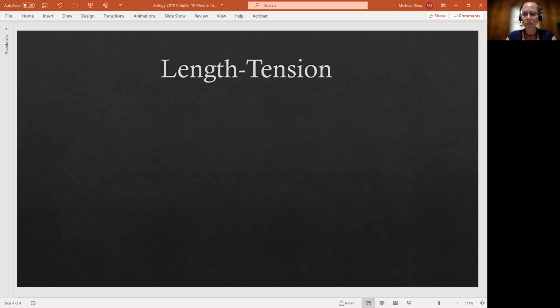The last thing to talk about in this particular presentation is the length tension relationship. Okay, so what we know based on our sarcomere unit, you have to have overlap between the actin and the myosin, or you could say between the thin filament and the thick filament, in order to get cross bridge formation.